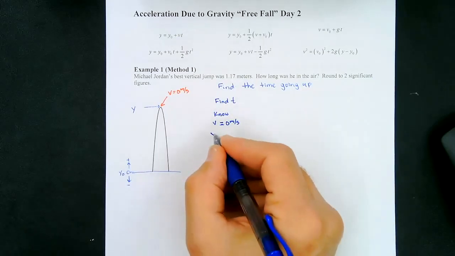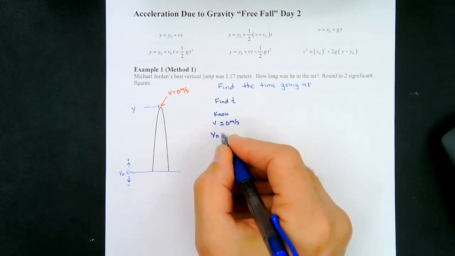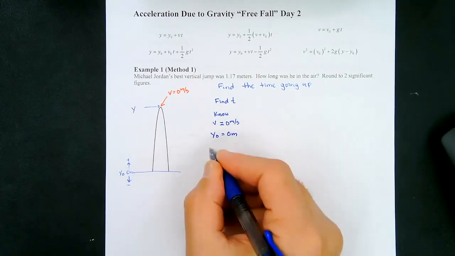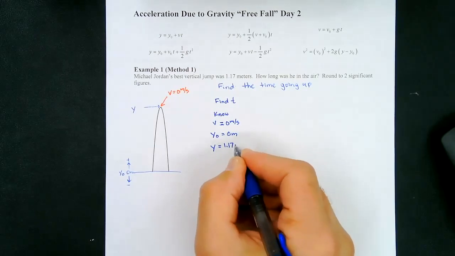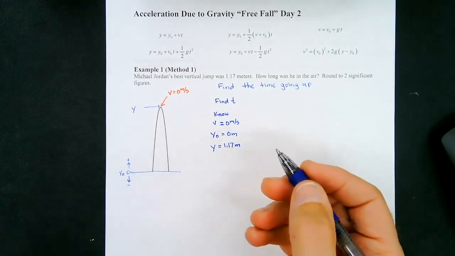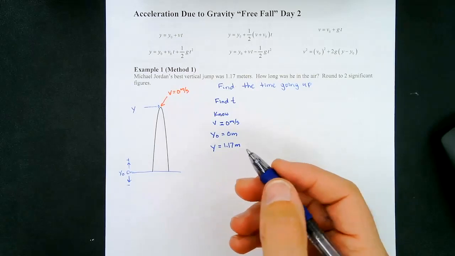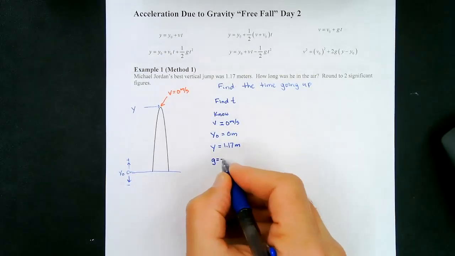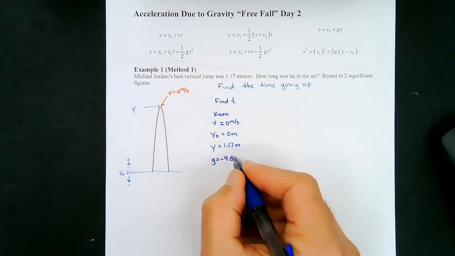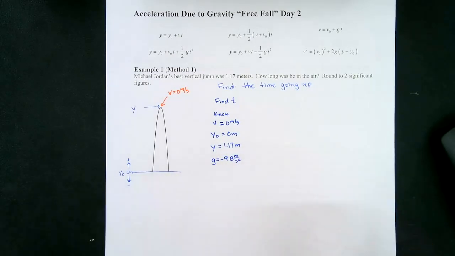My starting position is down here on the floor, so that's 0 meters, and my final position is 1.17 meters. The other thing we should realize is that there's acceleration due to gravity, called g, and we know it's negative 9.8 meters per second squared.